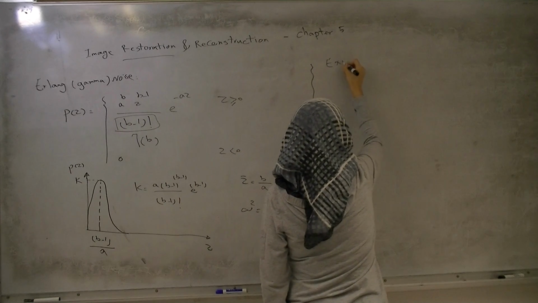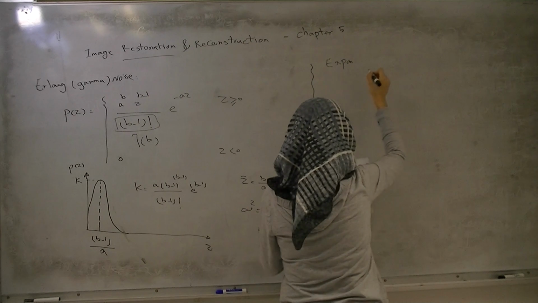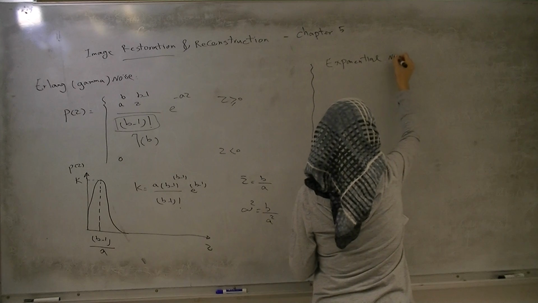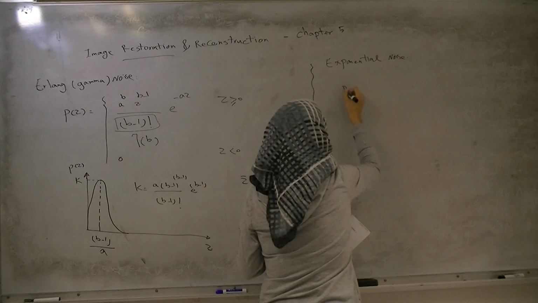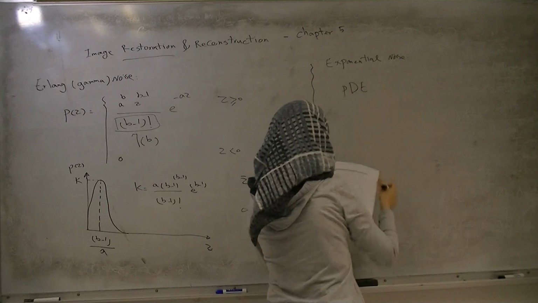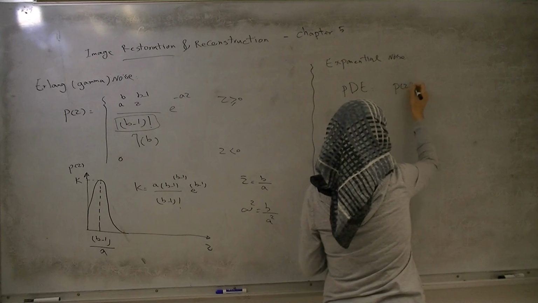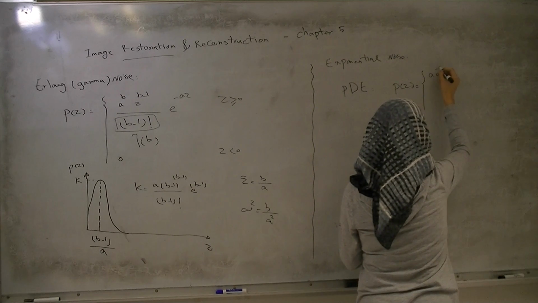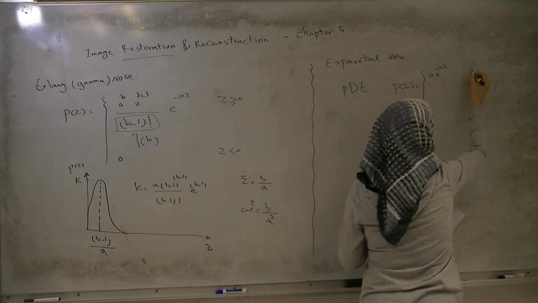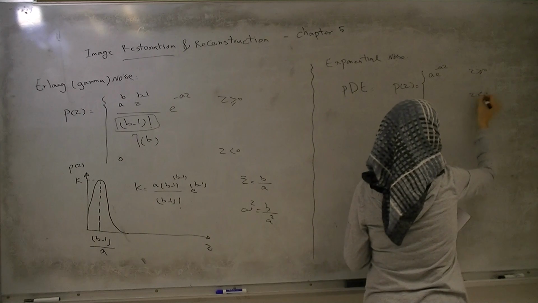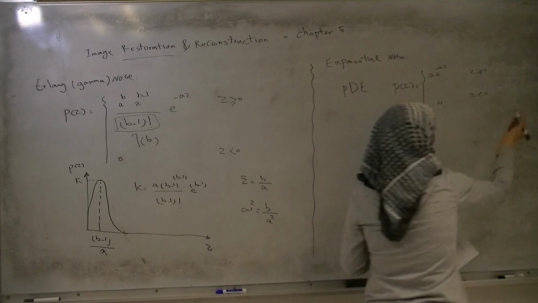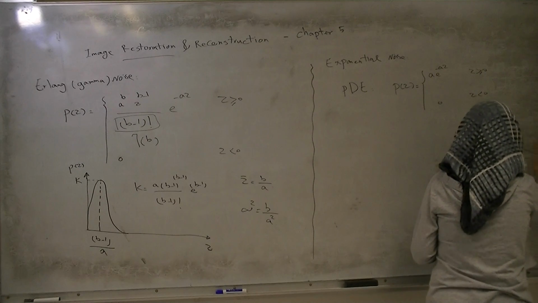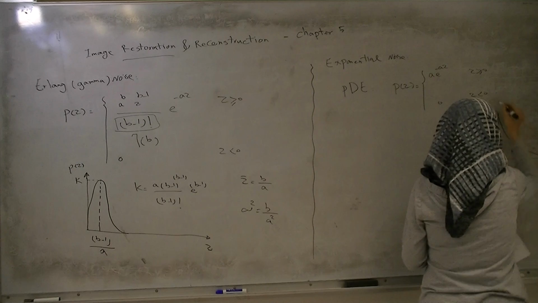The next noise is the exponential noise, which has the PDF shown here. You know that this one is there.